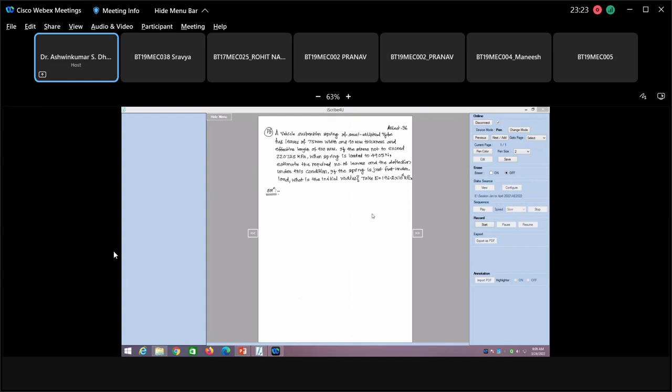The first equation is F equal to 3PL divided by 2BT square N. Is that correct? Here he has used 3PL N T cubed. Can we use this equation?